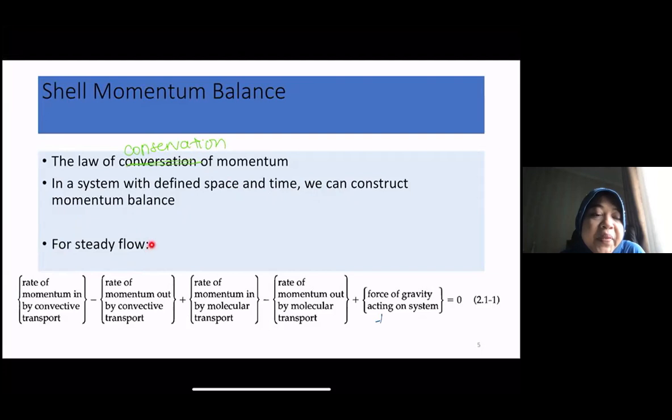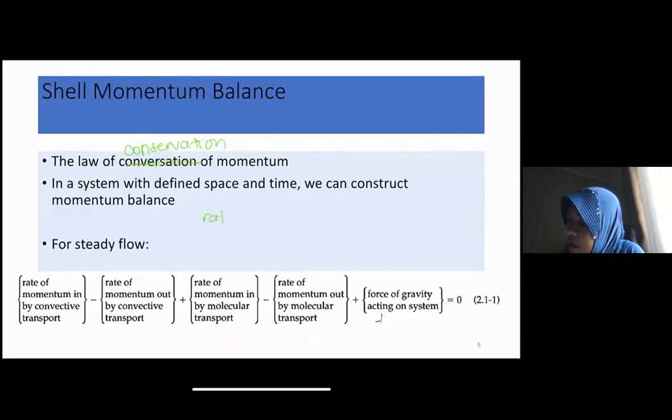For a steady flow, the rate of momentum in by convective transport, minus the momentum out by convective transport, plus the momentum in by molecular transport, minus out by molecular transport, and plus the gravity acting on the system should be equal to 0.